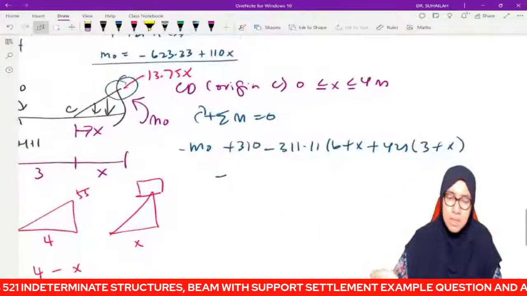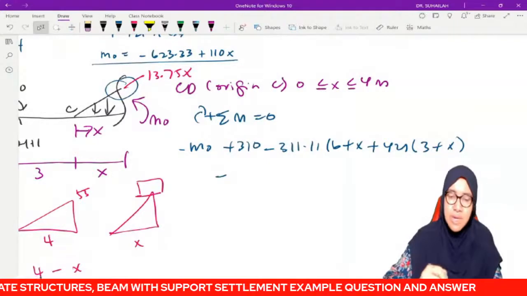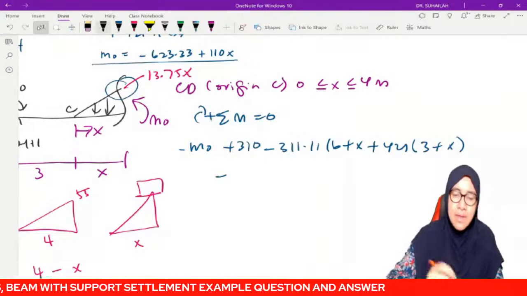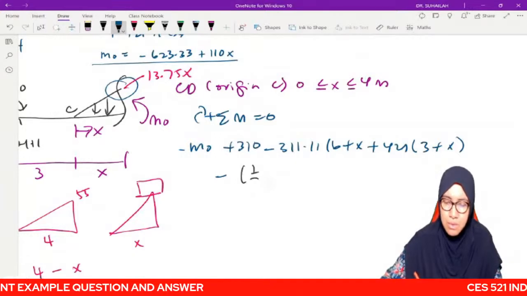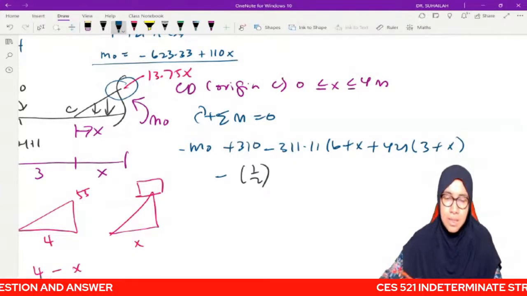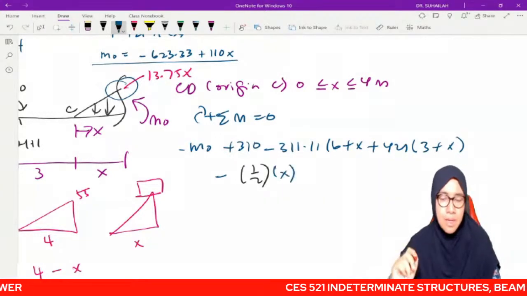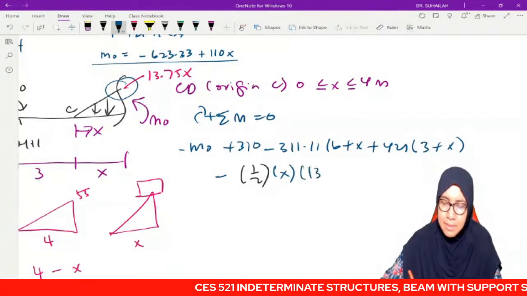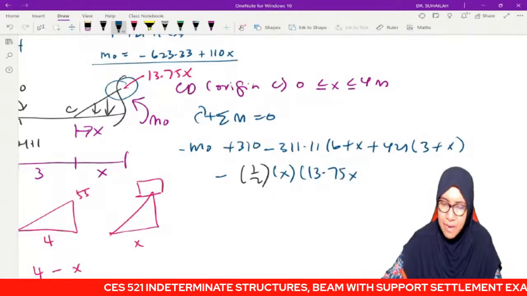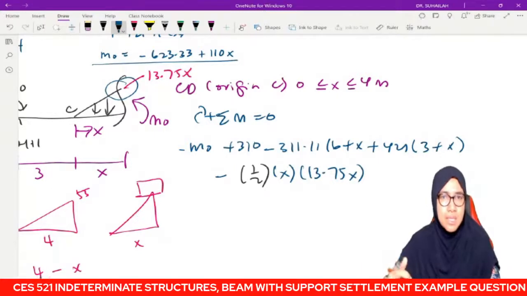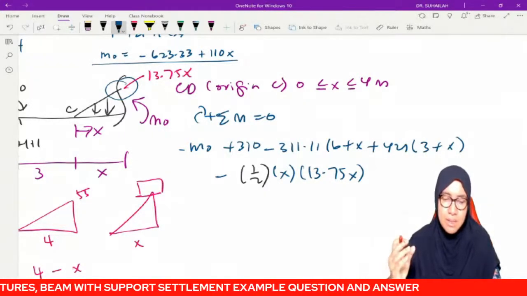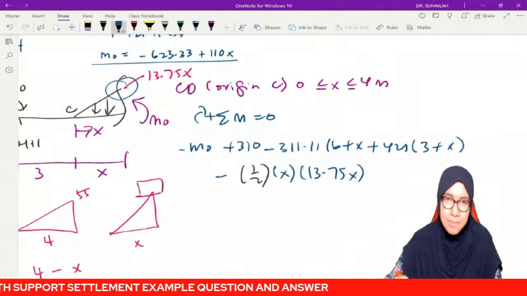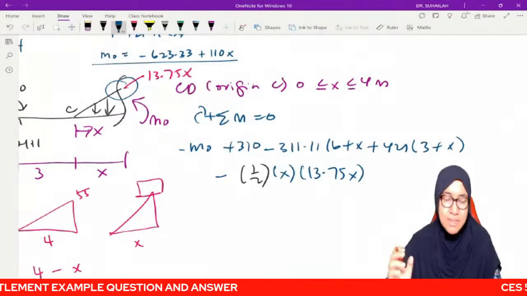So the area is 1/2 times x times 13.75x, times the distance from the centroid.